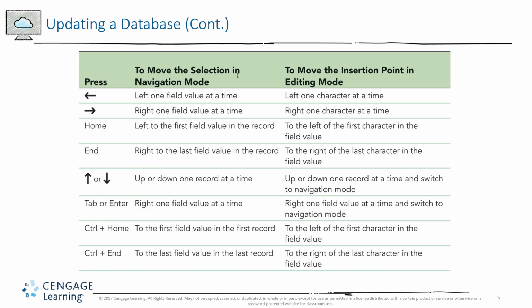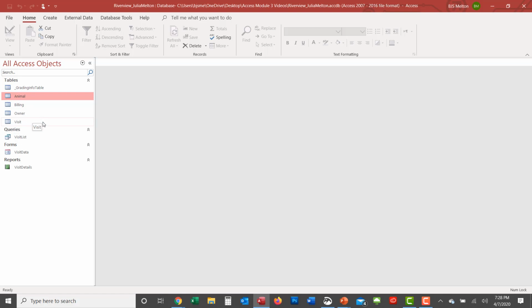Okay, the main difference between the two that I just showed you is that if you're in navigation mode, it moves from field to field. Okay, and if you're in editing mode, it works with the characters. Okay, so that's the difference between the two.